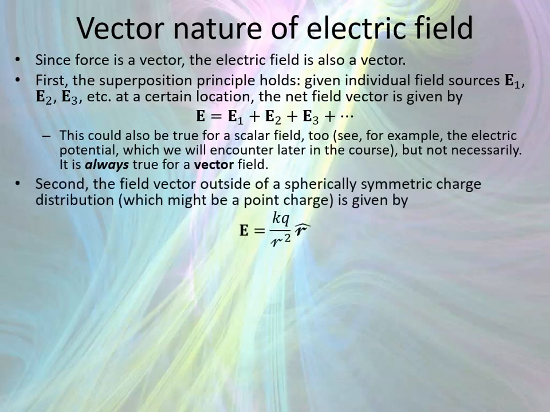Now, the electric field vector due to a spherically symmetric charge distribution is given by the Coulomb expression, kq over r squared, times the unit vector going outward from the center of your charge distribution. Now, you might notice that there's something funny about this r here. Was this a typo? No, this was not a typo. Because here's the thing.